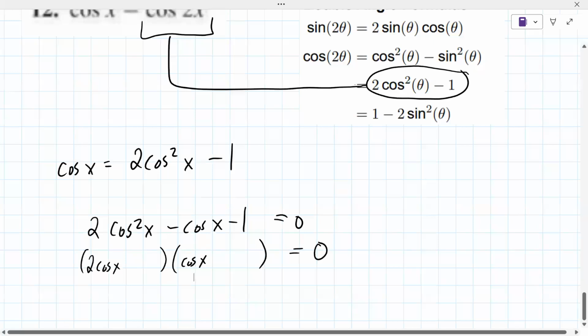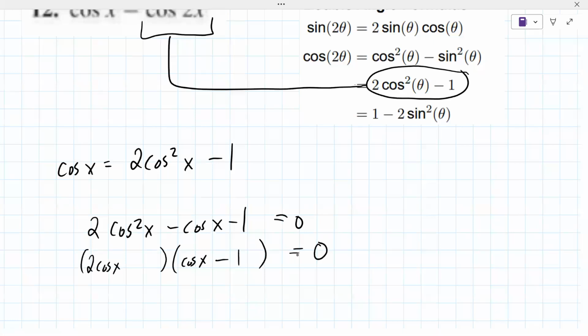Two cosine x plus 1 times cosine x minus 1. Yeah, that'll do it.